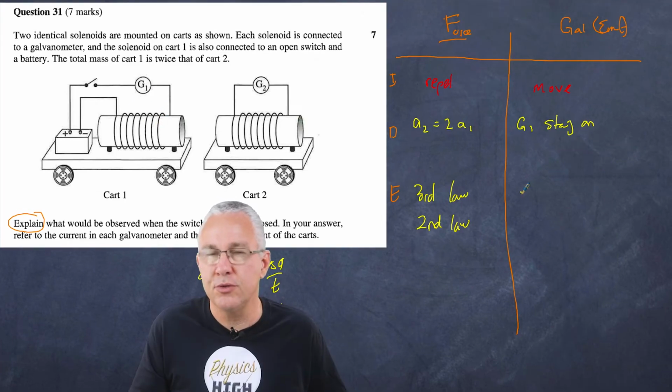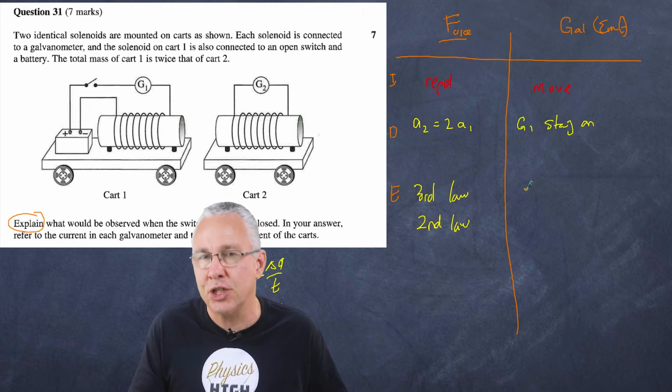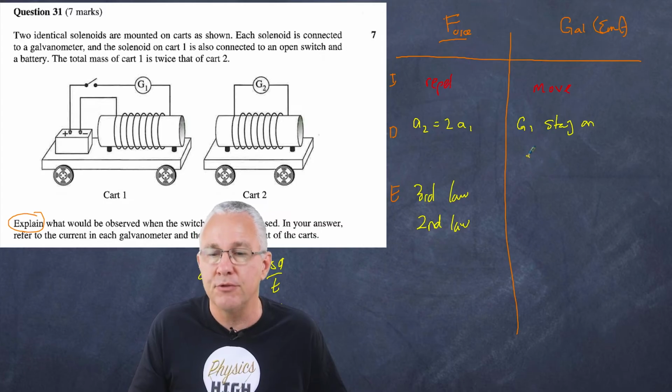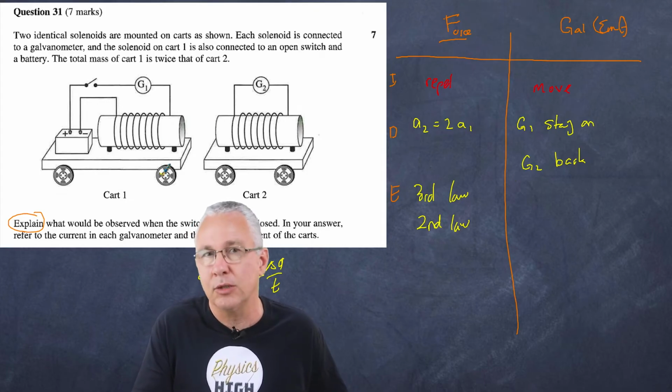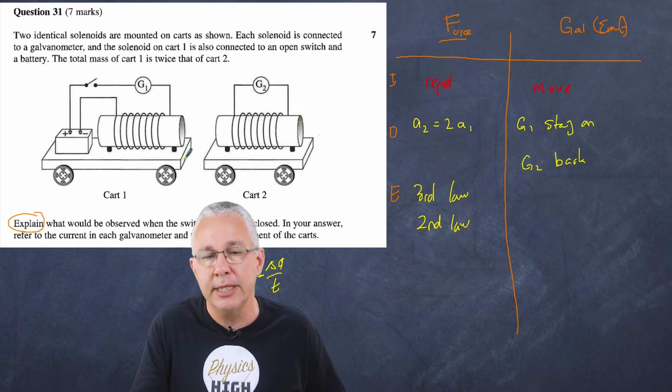So what's going to happen to G2 as it moves away? Well, initially, due to Lenz's law, that needle is going to go backwards in the opposite direction. So you're going to have G2 going back. But of course, that's going to only be momentary. It's now going to start to fluctuate back to zero, but because it's moving away from cart 1, it's still experiencing a changing flux, a weakening change of flux.